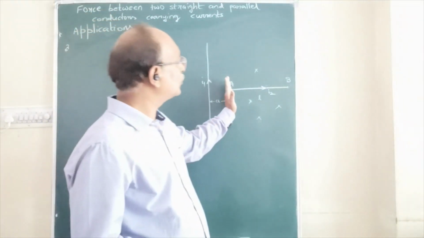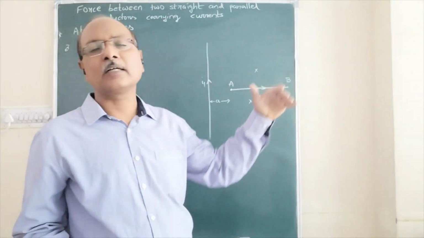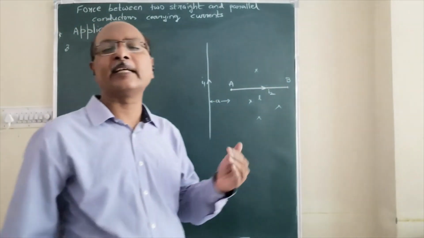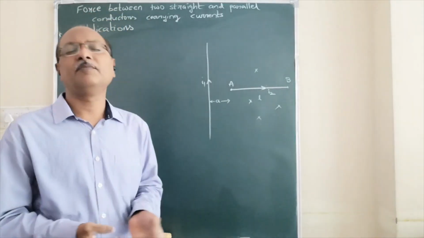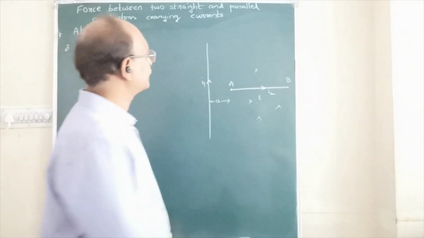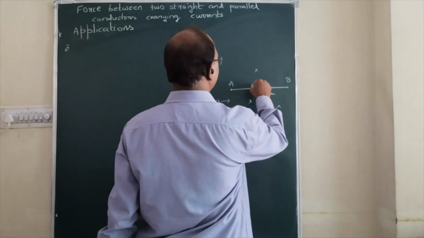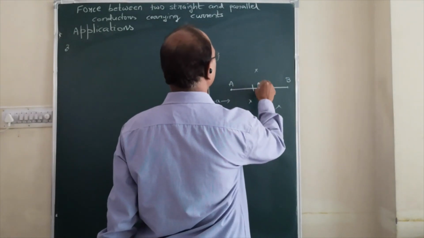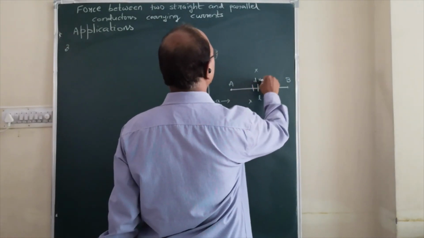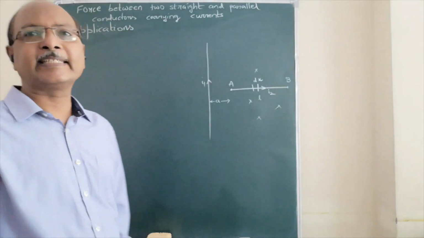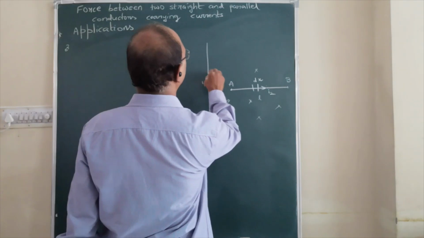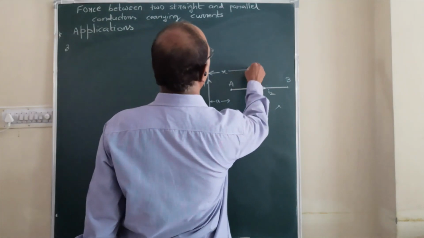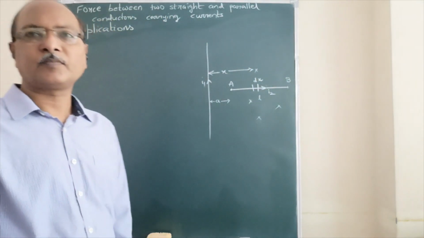Now we have to find the force acting on this wire. As we move away, the strength of the magnetic field keeps on changing. So what we do is, we take a small element, let it be dx, at a distance of x from the conductor.